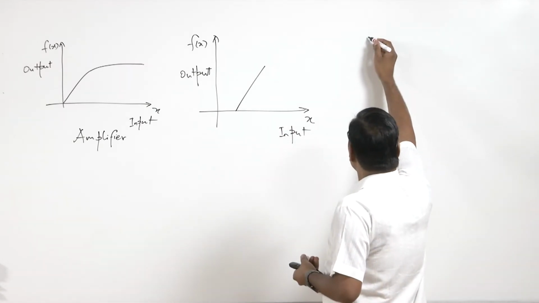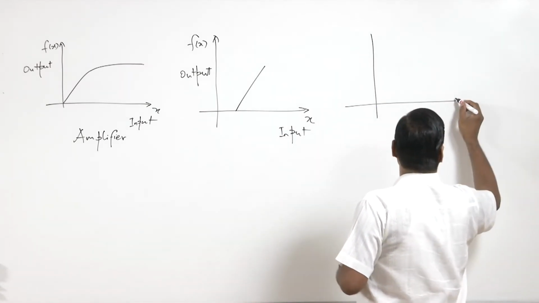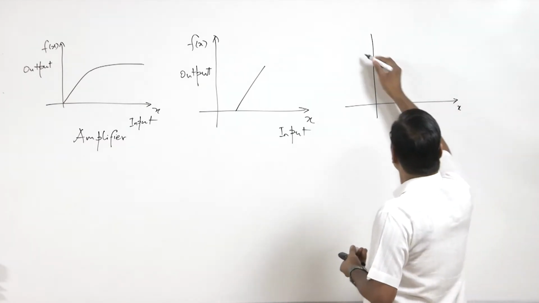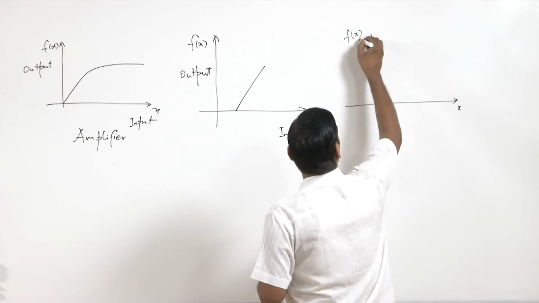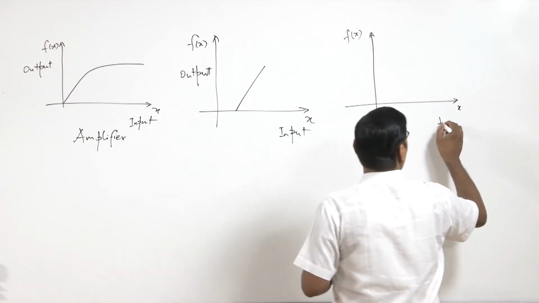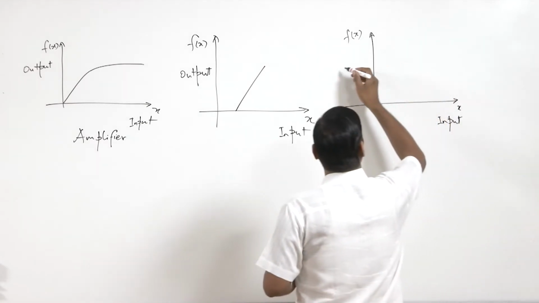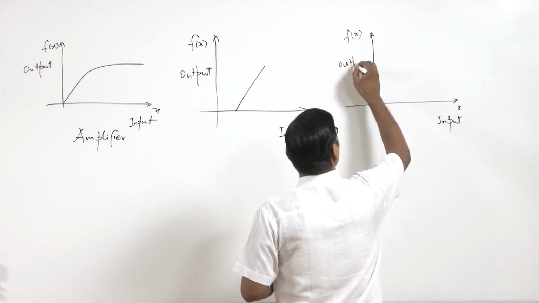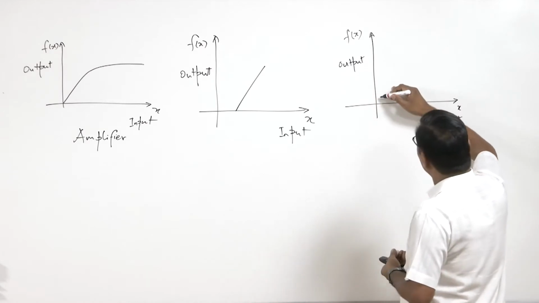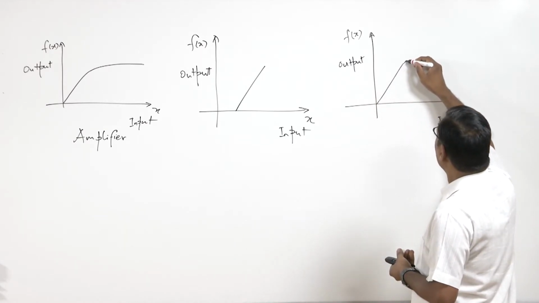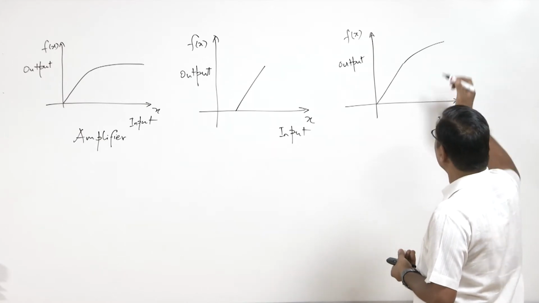If there are some dampers, here is the input, this is the output. So damper behavior can be linear, and then it can become nonlinear.